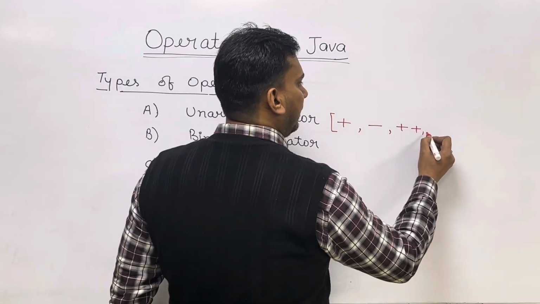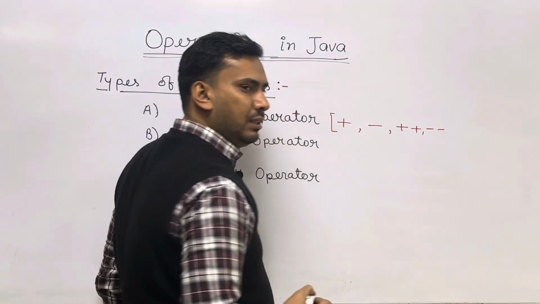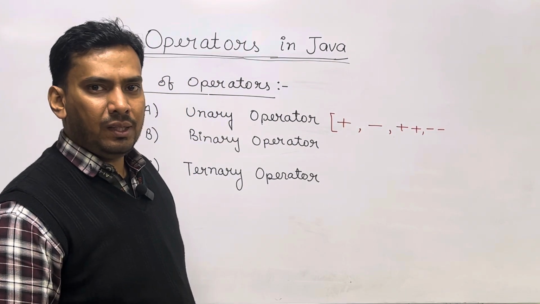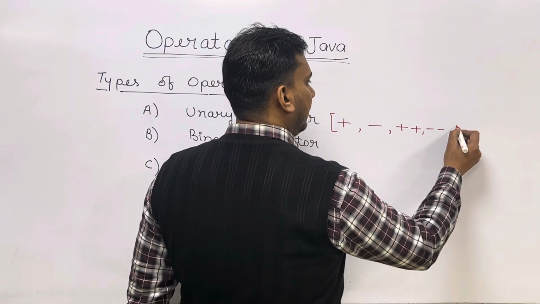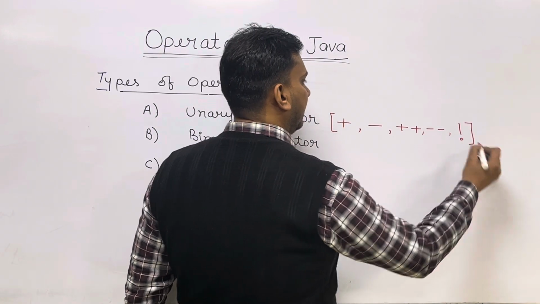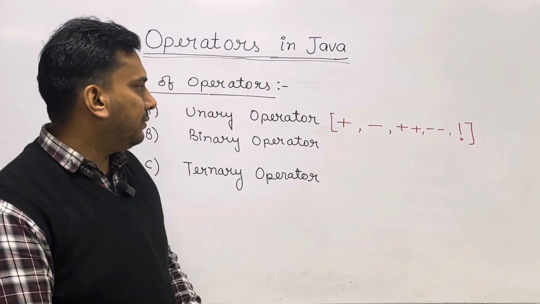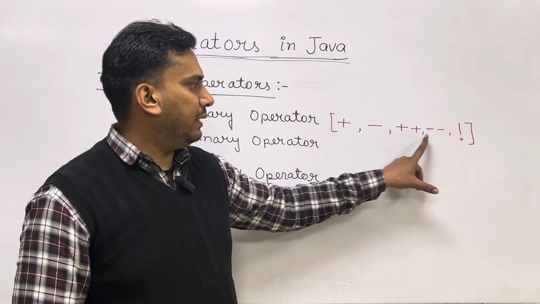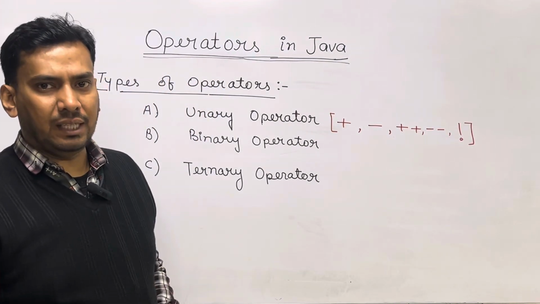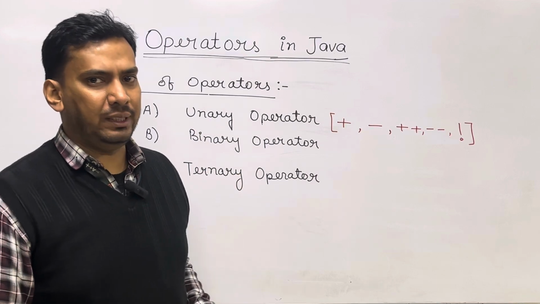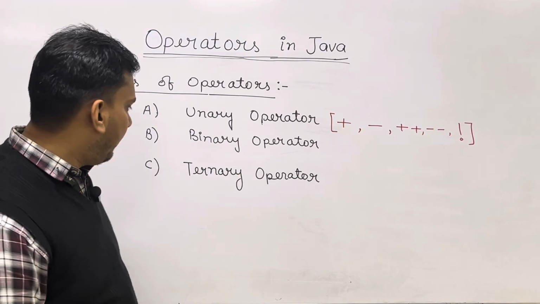Similarly, you have the decrement operator, minus minus, and the last one is the not operator. So these are the 5 unary operators. There is no 6th unary operator available in Java.